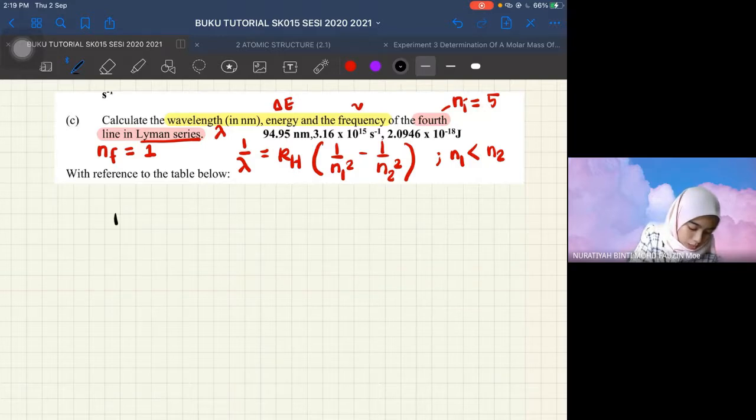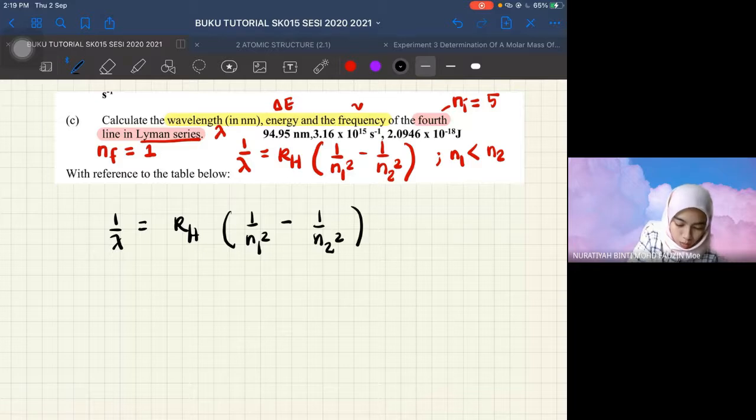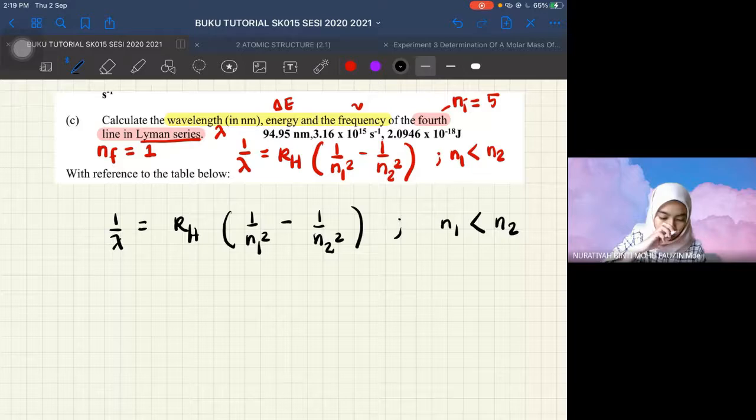So 1 over lambda equals R_H times 1 over N1 squared minus 1 over N2 squared, where N1 is smaller than N2. This is how we determine N1 and N2. To form the fourth line in the Lyman series, we take the smaller number, which is 1, as N1. N2 is the bigger number, which is 5.